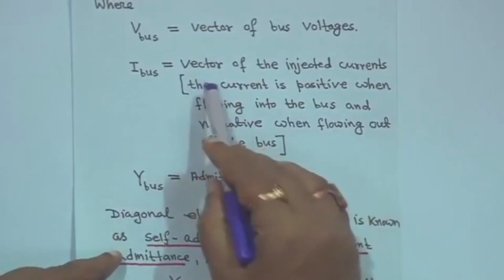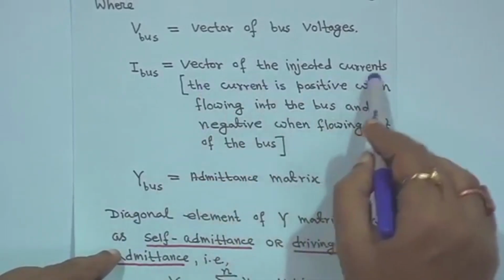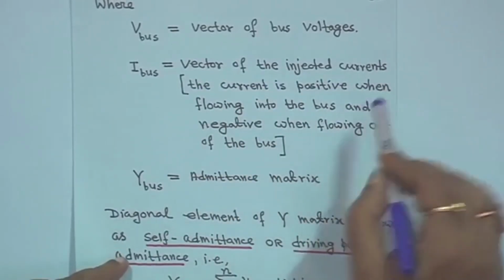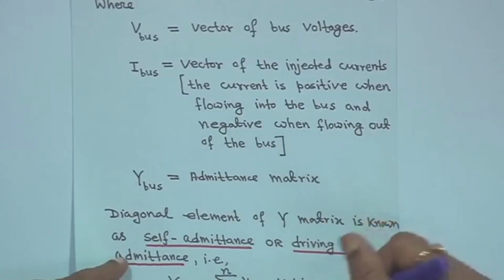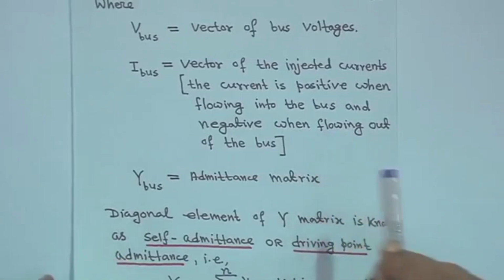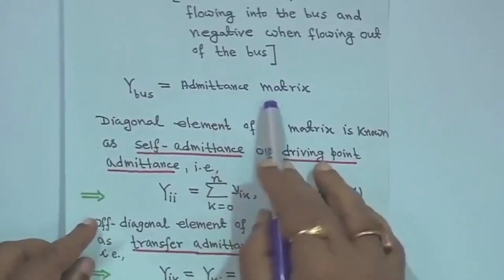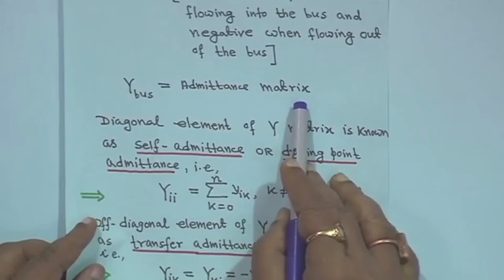I bus is the vector of injected currents, right. The current is positive when flowing into the bus and negative when flowing out of the bus, this is the convention we will follow, and Y bus is the bus admittance matrix, right.